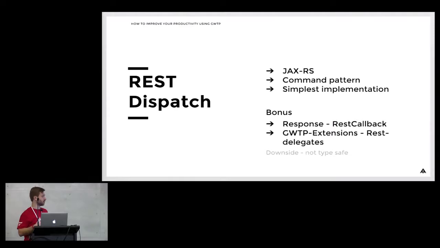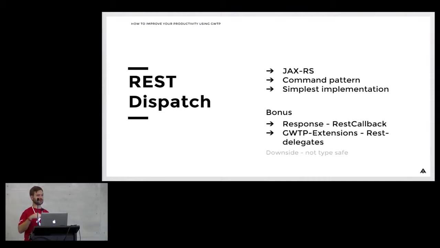So we wrote, as an example, an extension to GWTP REST dispatch, which is the REST delegate. What it does is that you don't need the dispatcher anymore, and you just call the service, for those of you that are used to RPC dispatch. So you basically inject into your class the resource delegate for the service that you want, and then you call whatever you want to call. The only problem with that is that it's not type safe.